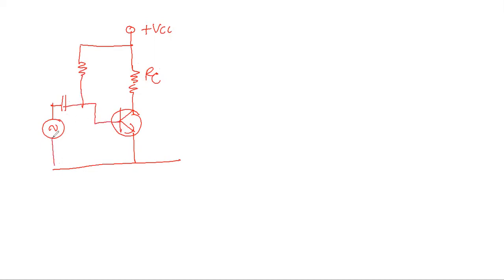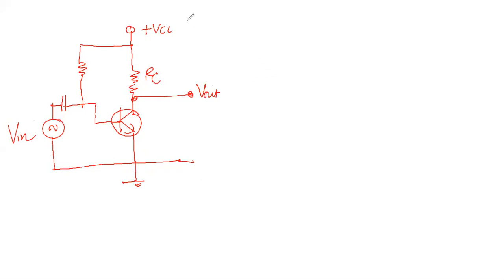This is a simple circuit, which we introduce as the series feed class A amplifier. This is the input signal, and you can measure the output in between these two terminals. You can refer to this voltage as the output.